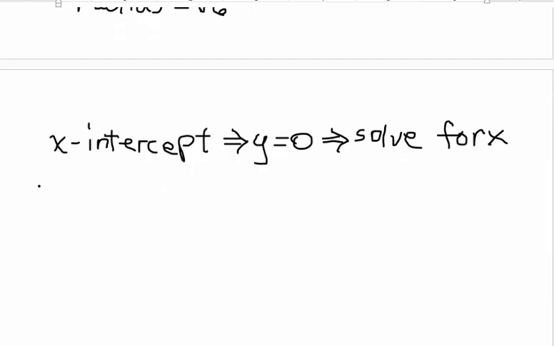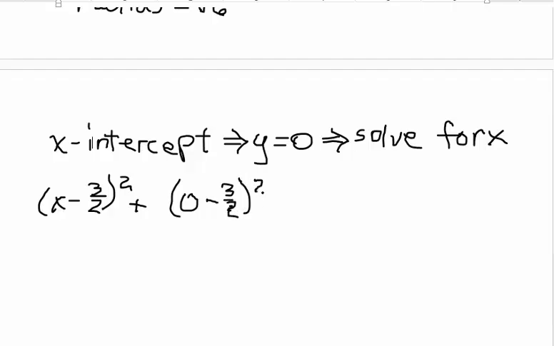So I have x minus 3/2, that quantity squared, plus 0 minus 3/2 squared. Remember, I'm replacing the y with 0, equals 6. So that was my equation.